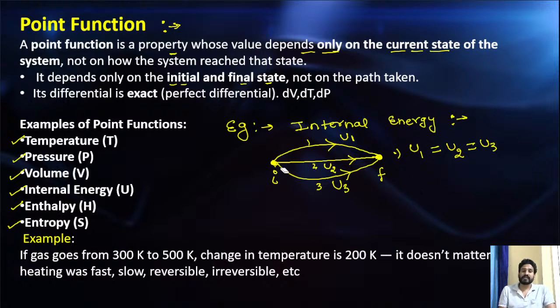Why? Because the initial and final states are the same for all these processes. So a property which is a point function does not depend upon the path. It is independent of the path, guys. Is it clear to you?